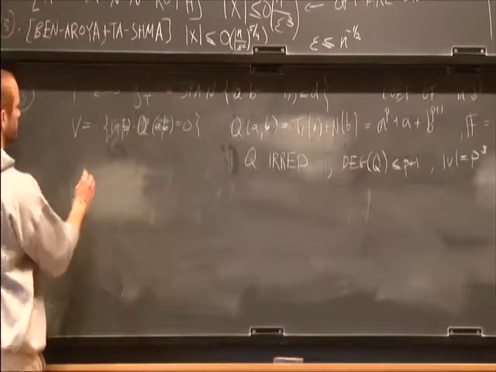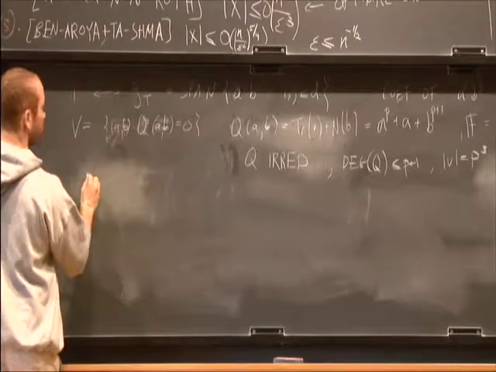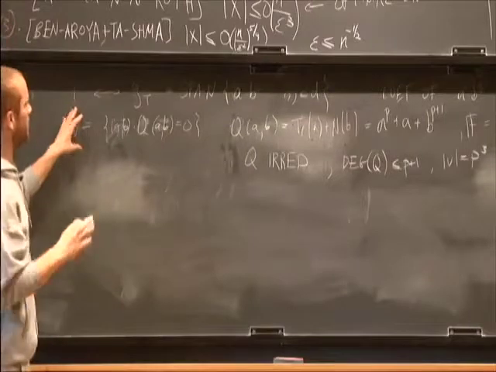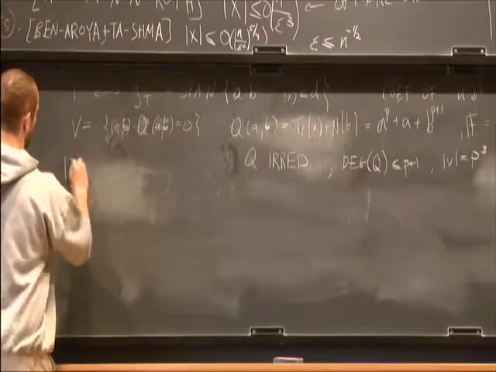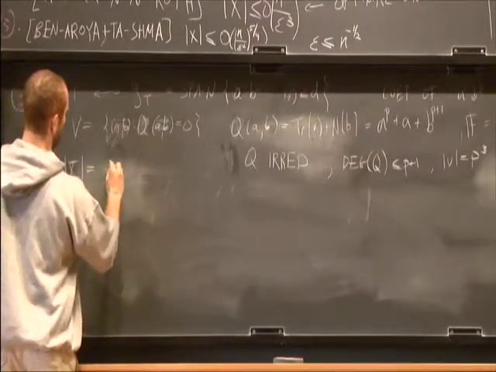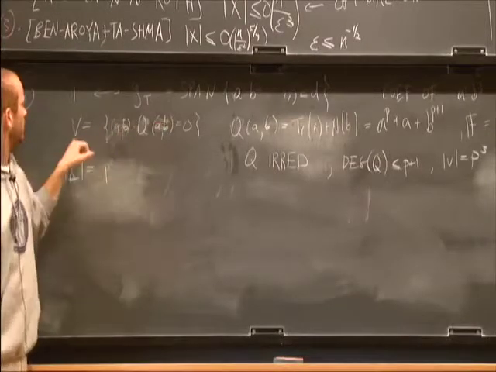So the size of the epsilon bias set is the size of V so far, so it's the size of X, this capital X, will be P to the power of 3. This is the first step, evaluating on all these points.